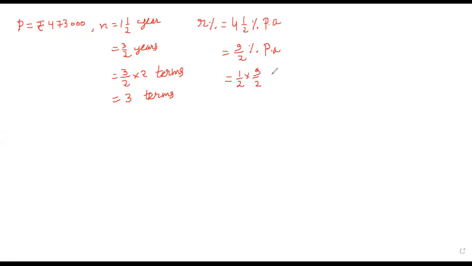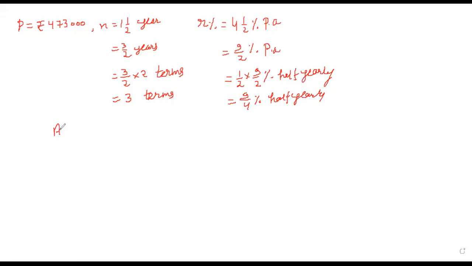So half into 9/2% half yearly. Write it clearly always. So it is 9/4% half yearly. Means every 6 months, the bank pays the interest of 9/4% for the 3 terms.